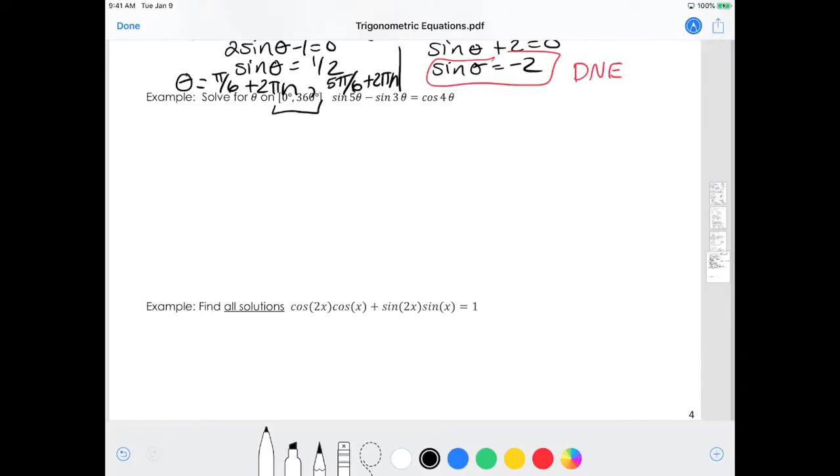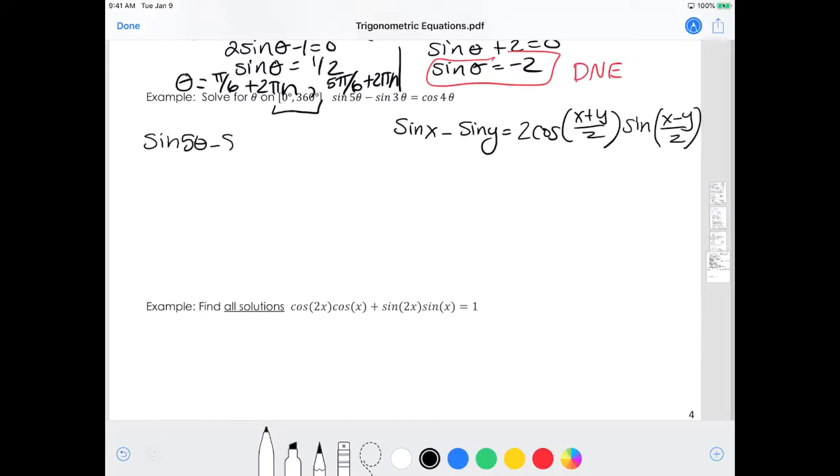So for this one, we're going to use our sum to product formula, where we have sine of x minus sine of y is equal to 2 cosine of x plus y over 2 and sine of x minus y over 2. So we're starting with sine of 5 theta minus sine of 3 theta is equal to cosine of 4 theta.